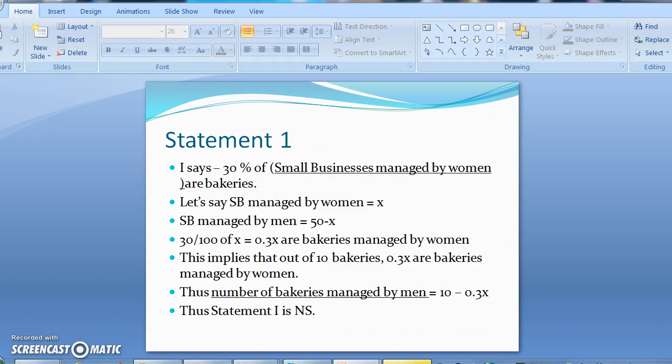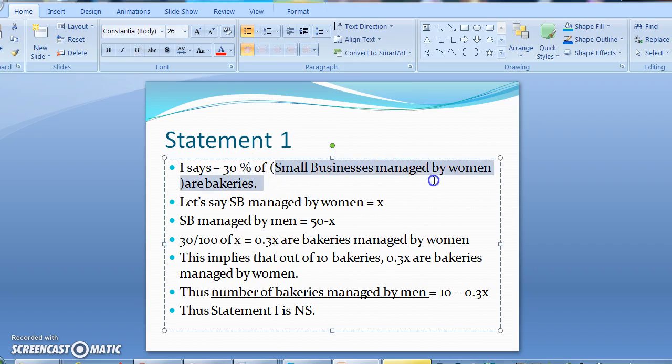Okay, now let's look at statement 1. Statement 1 says 30% of small businesses managed by women are bakeries. Notice I've underlined this, small businesses managed by women, because this is very important. In percentages, always mentally underline all the parts which come after "of". So it is not only 30% of small businesses.